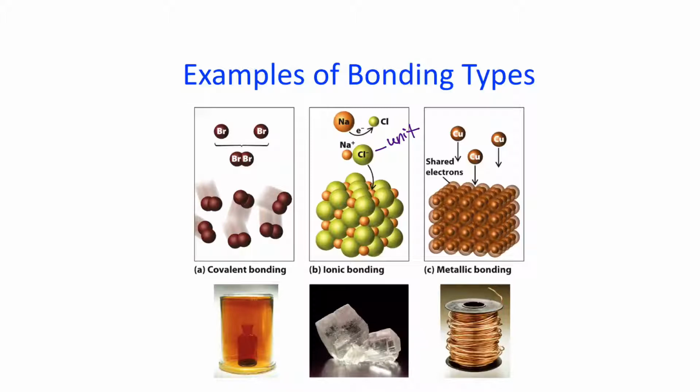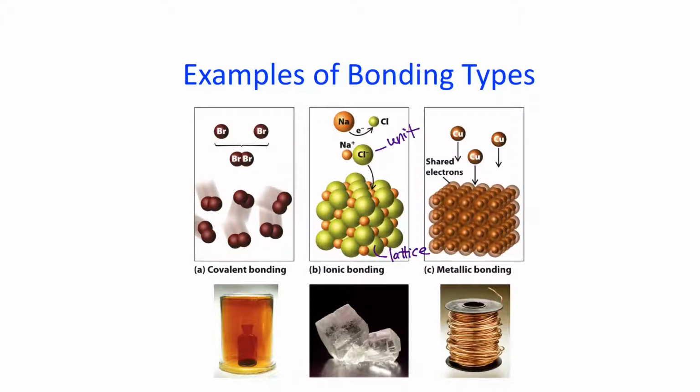Then you would have a lot of these single units grouped together and associated electrostatically, where their positive and negative charges coordinate with one another into what we call a lattice structure. So this would be our lattice.